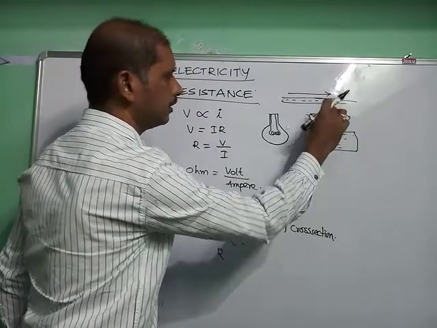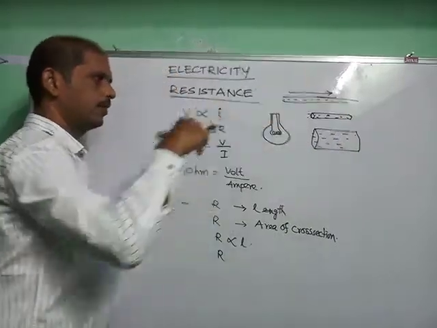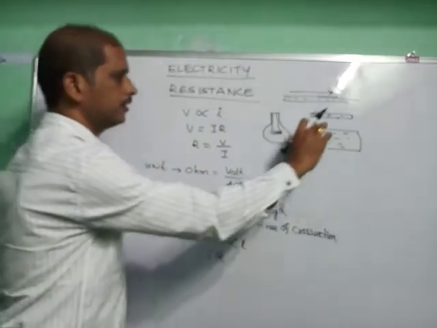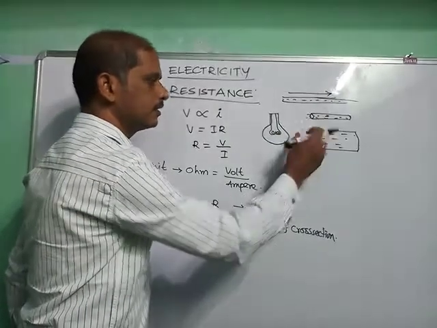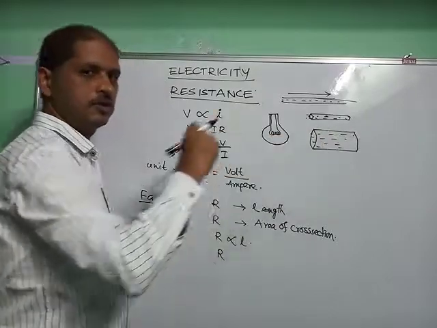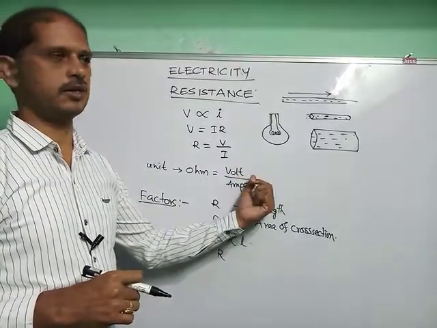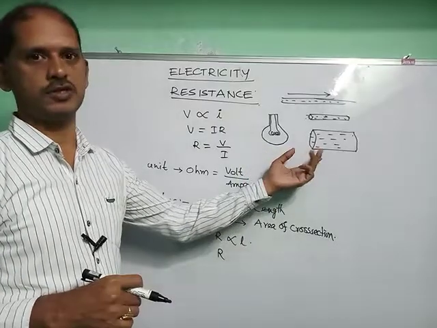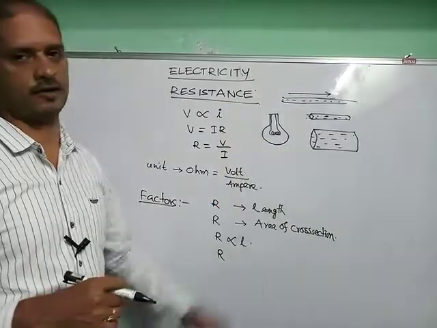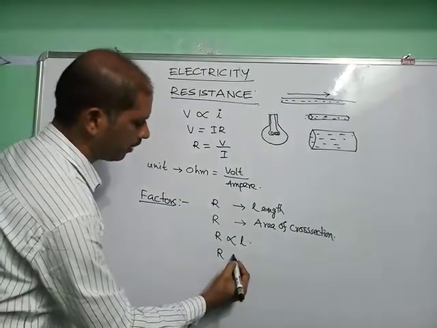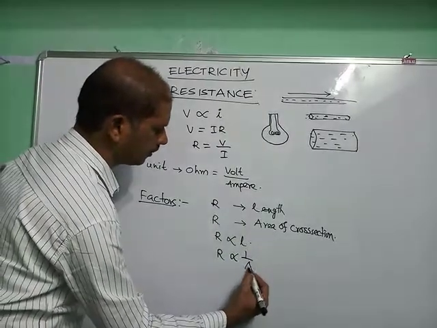When thickness decreases, resistance increases. Here the thickness increases, electrons pass easily. That's why resistance decreases. Why? Because resistance is the property that opposes the flow of electrons.